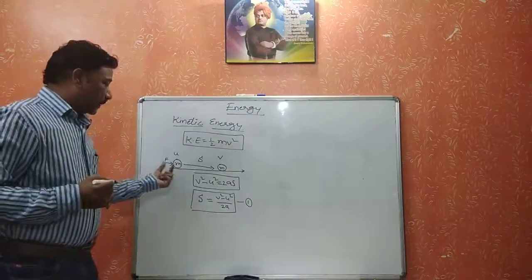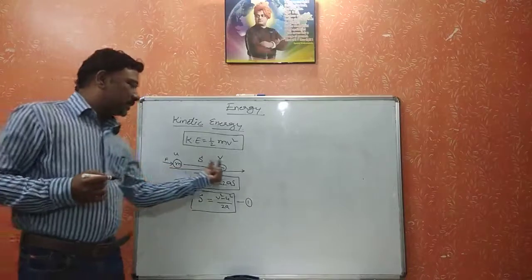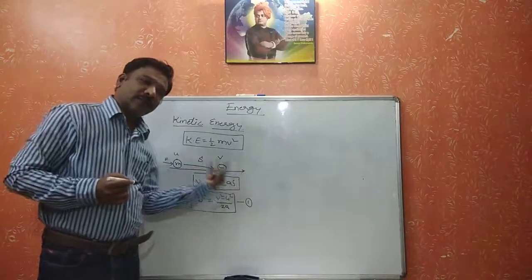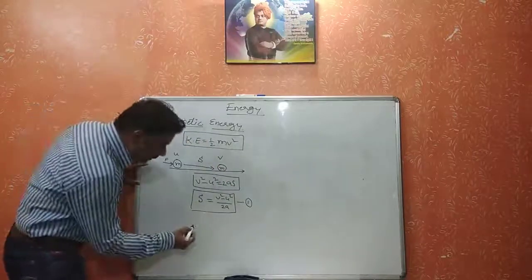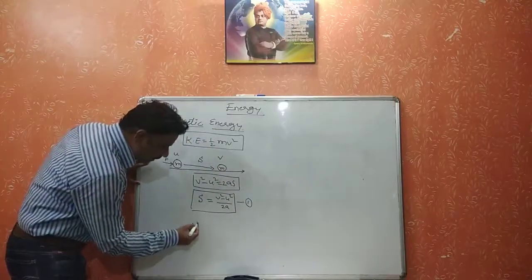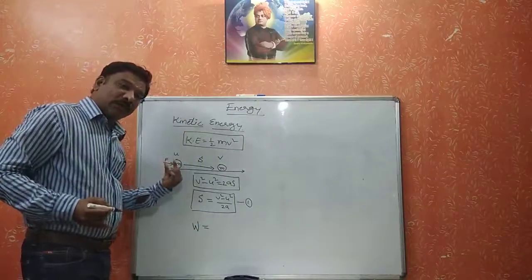Okay, now come to the point. Here we apply the force and the object is displaced from one place to another place. That means we have done some work here. What is the work done by us that we are calculating now? Work done on the object.